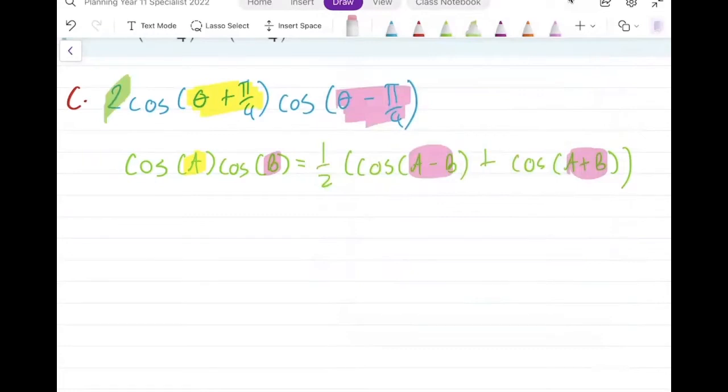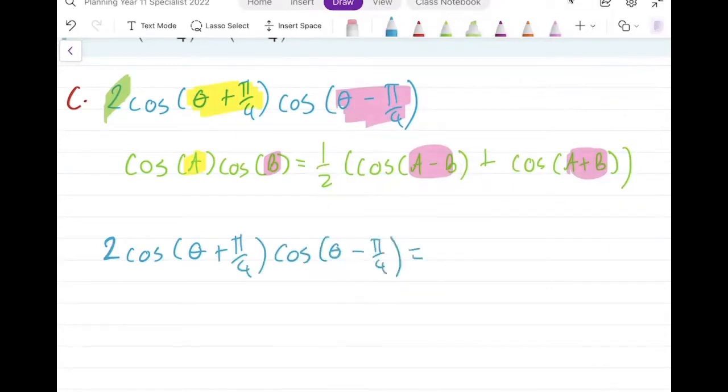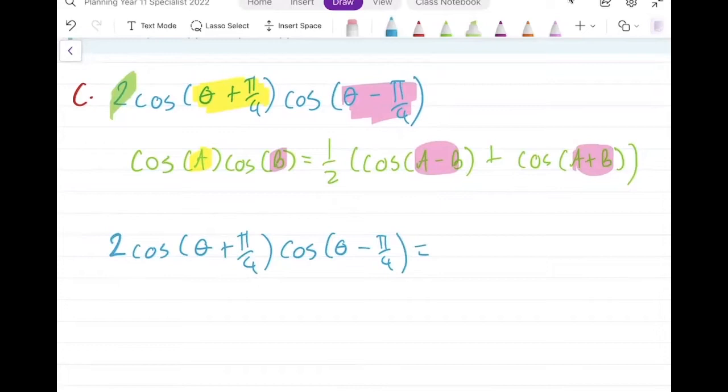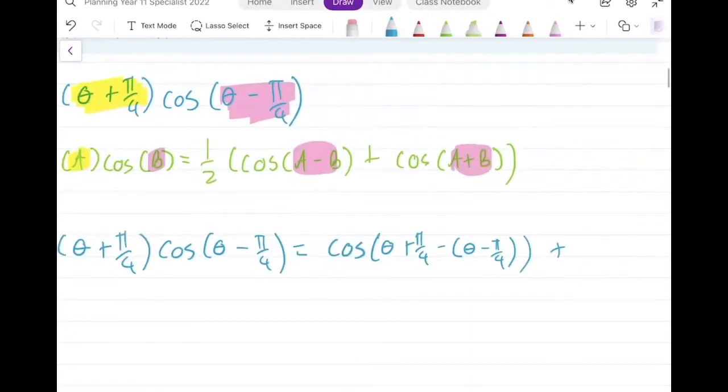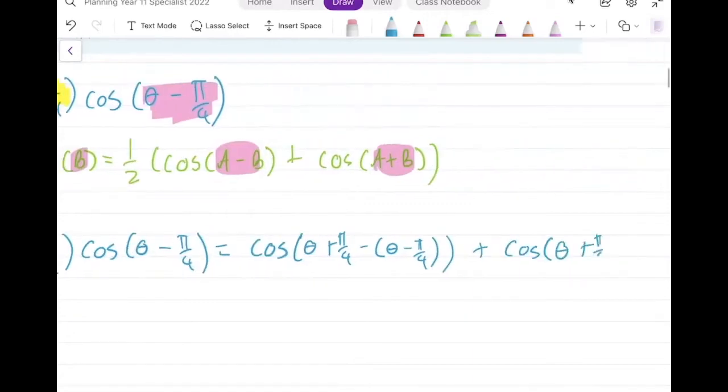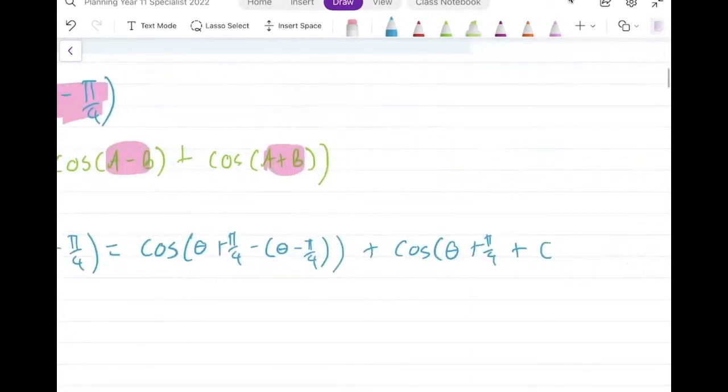We have the half. So now if I put things into that context, I have 2 cos(theta + pi/4) cos(theta - pi/4). That is going to be equal to essentially a half times 2, so we're just going to leave that part alone. That's just going to be equal to cos of (theta + pi/4 - (theta - pi/4)) plus cos of (theta + pi/4 + theta - pi/4).